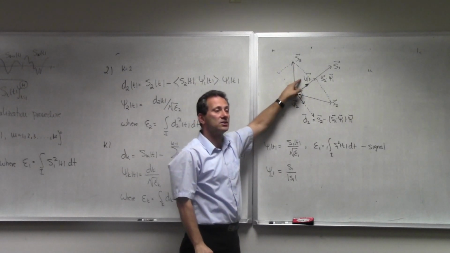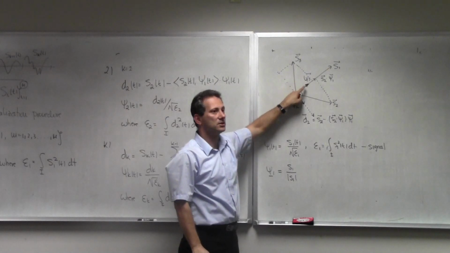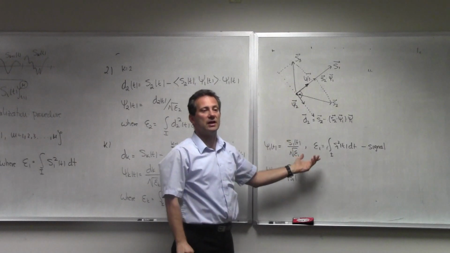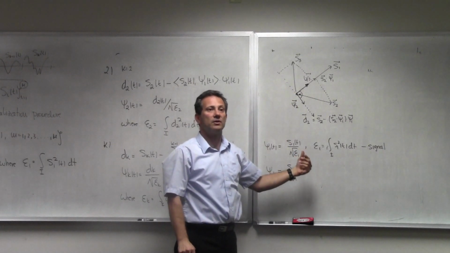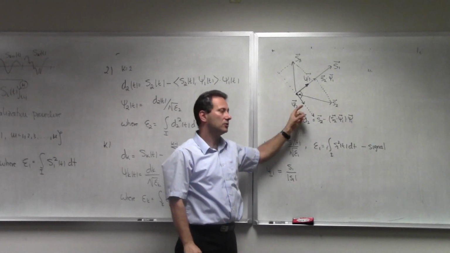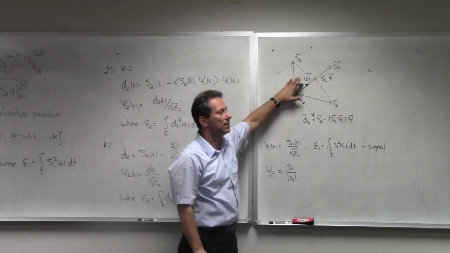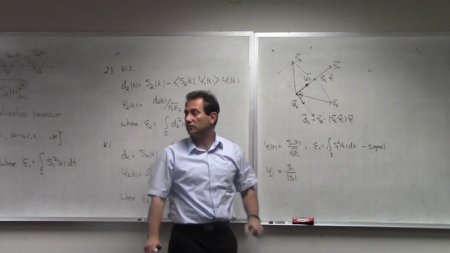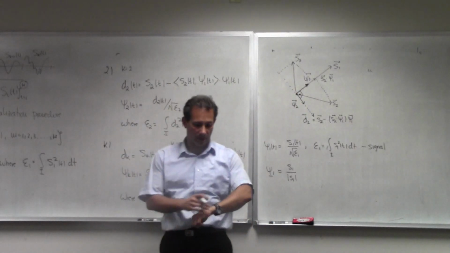So that means S3 can be expressed as a combination of psi1 and psi2. And I've reached the end of my signal set. Therefore, the basis of the signal set is 2. And there are 2 basis vectors, psi1 and psi2. So this is in a vector domain. This is what I'm trying to do in a signal domain as well.